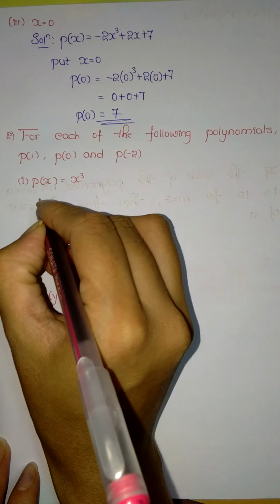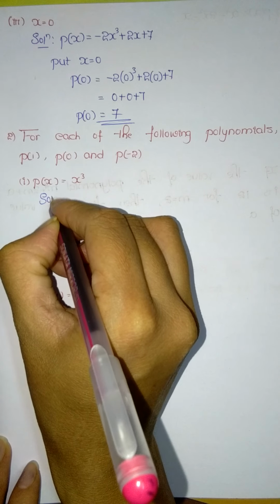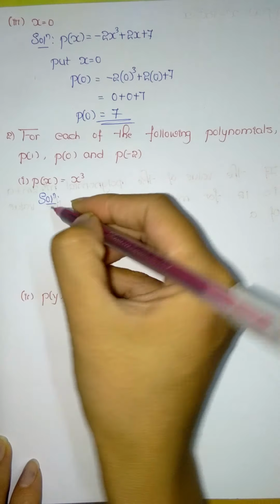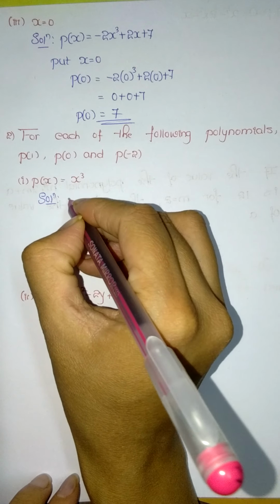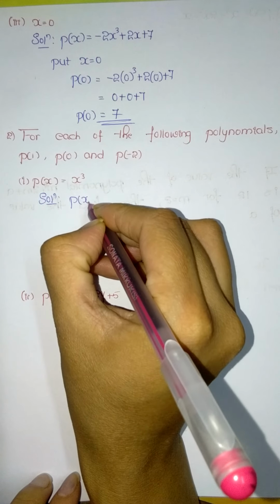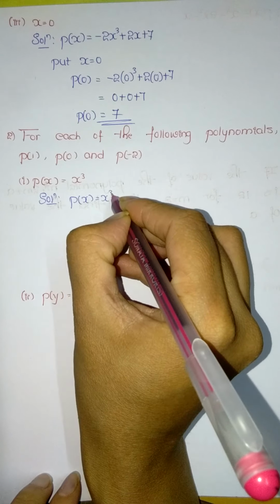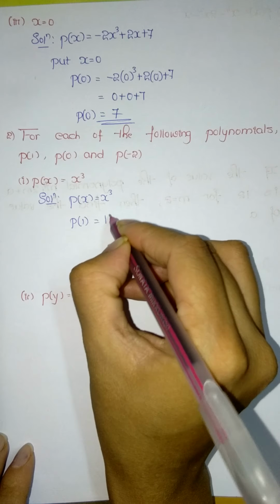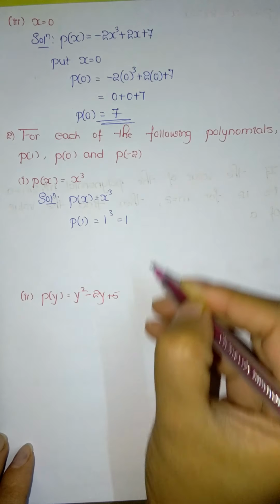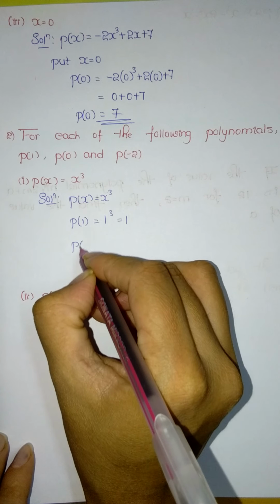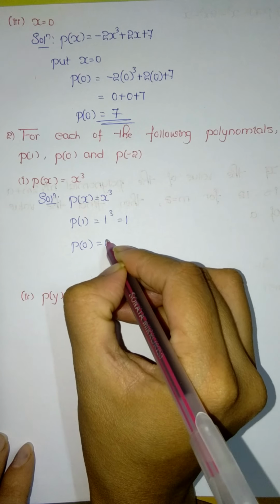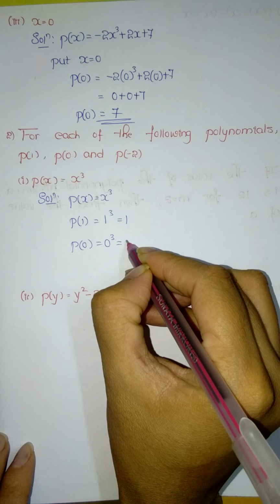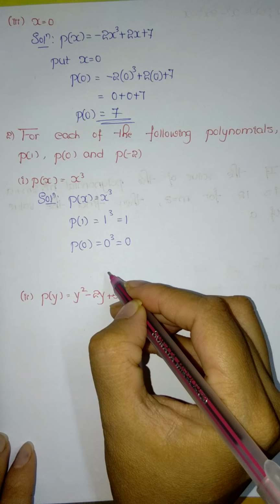सो फर्स्ट वन, p of x इक्वल टू x क्यूब. So p of 1 it becomes, x के जगह 1 डालना है, 1 cube equal to 1 itself. p of 0, so x के जगह 0 डालो, so 0 power 3 is 0 itself.